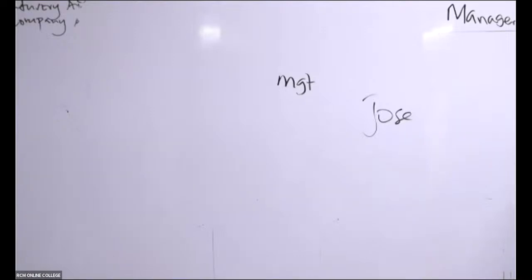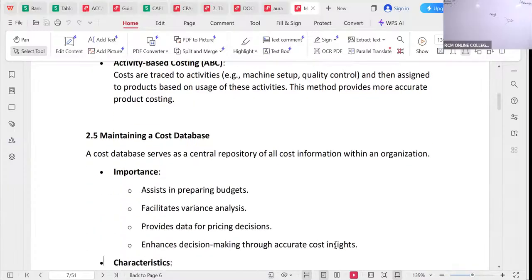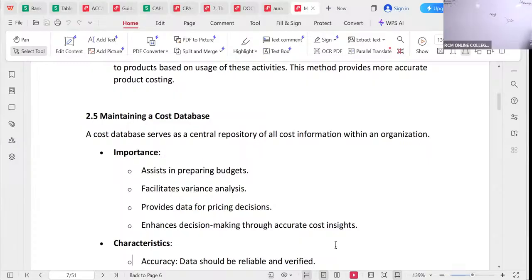We are told: a cost database serves as a central repository of all cost information within an organization. The importance: it assists in preparing budgets because you have all the costs, facilitates variance analysis, provides data for pricing decisions, and enhances decision making through accurate cost insights.